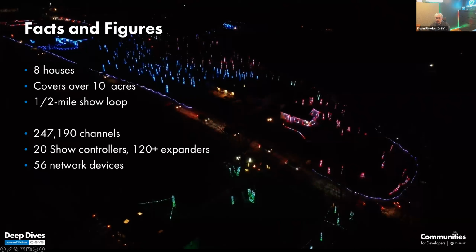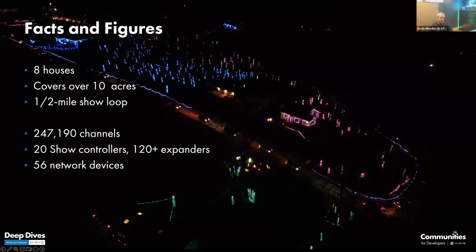There are 247,190 channels. So there's a lot. And I'll show in a second the lights we use and why it's that high. To pull that off, we have 20 different show controllers located throughout all the houses. Those break out to 120 expander boxes. There's a lot of stuff.